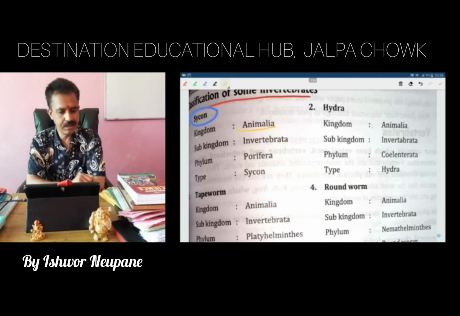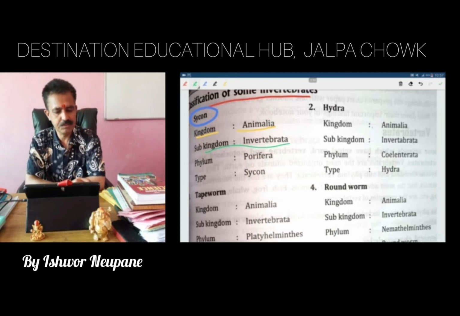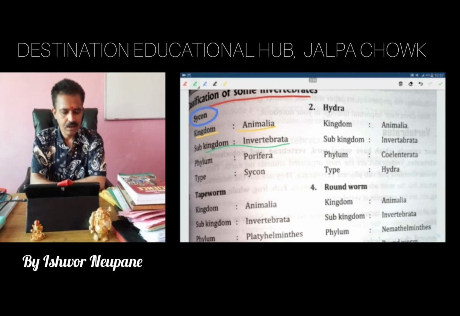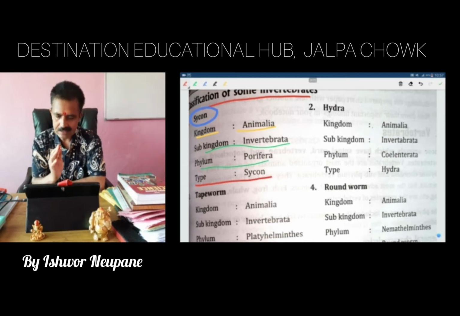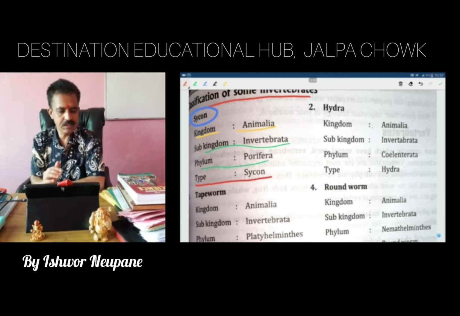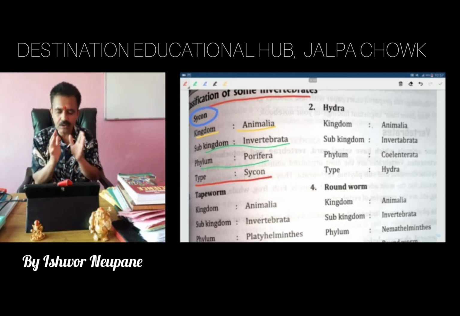Kingdom, Animalia. Subkingdom, Invertebrata. Phylum, Porifera. And type, cycon. Kingdom, subkingdom, phylum, and type. Cycon means Porifera.